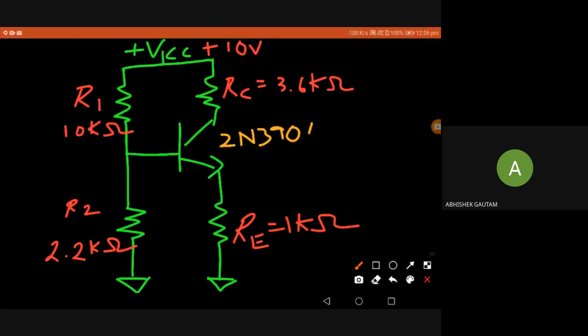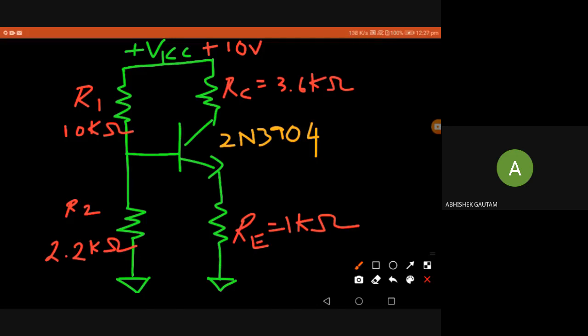So what is the idea? This means that this transistor name is 2N3904. If you download some circuits from the internet, you'll find this very commonly: the name of the transistor is given.